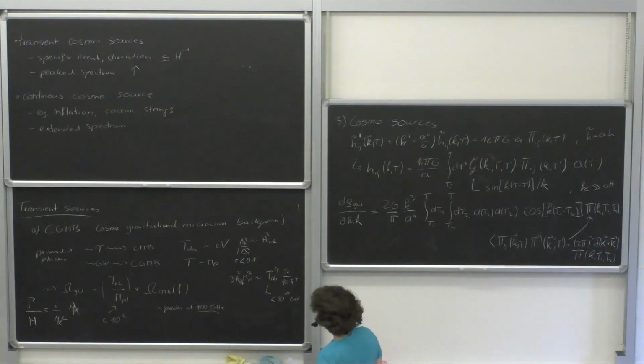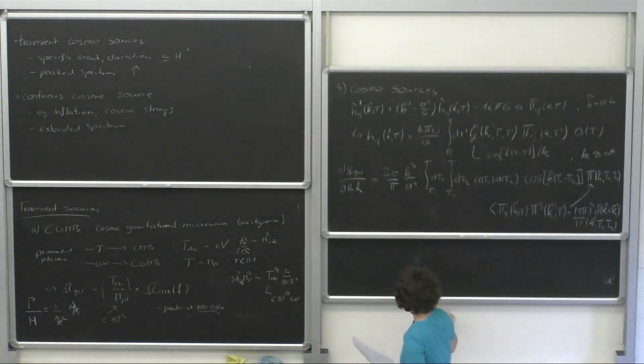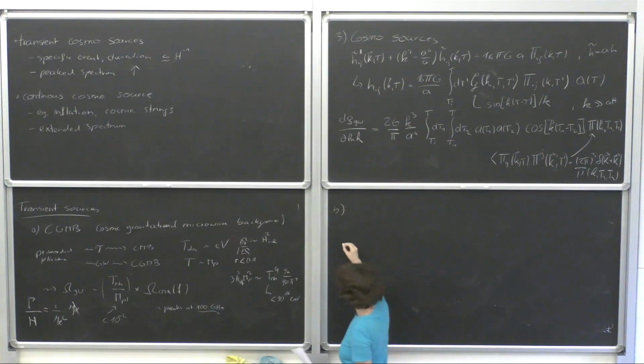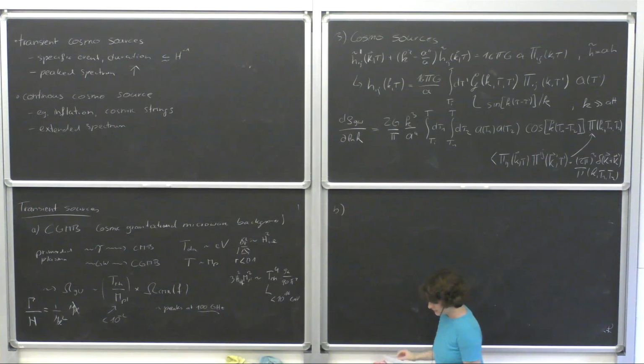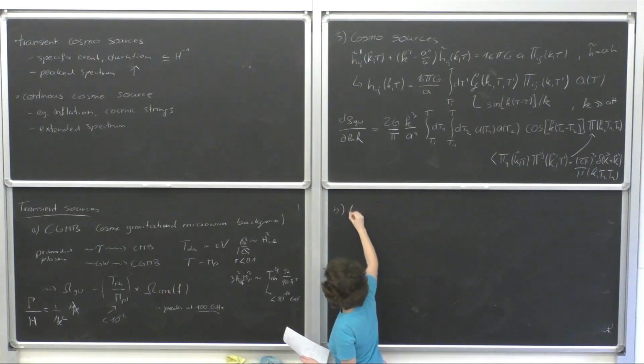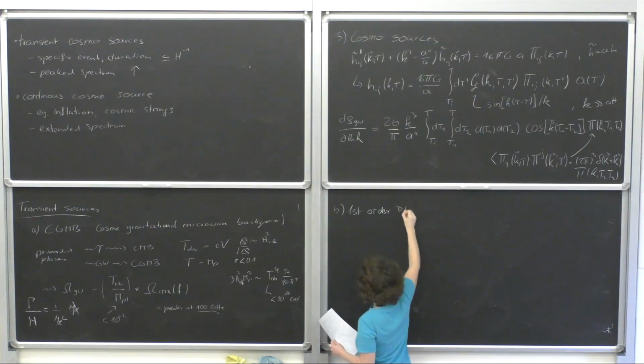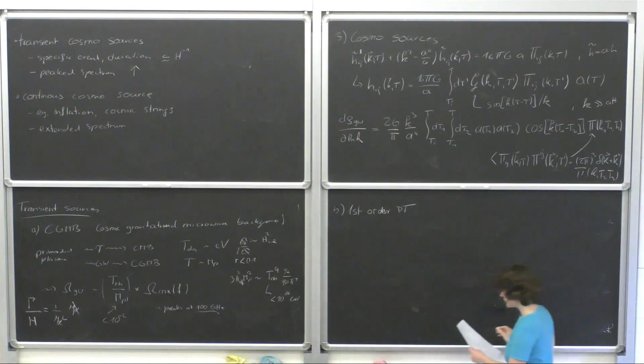So, where was I here? Let's go to a concrete example, the one I've been mentioning in words a few times, first order phase transitions. What is a first order phase transition?